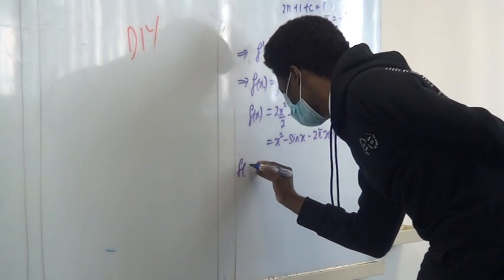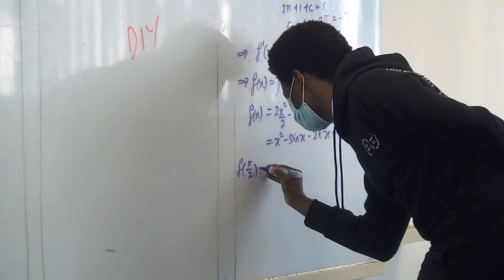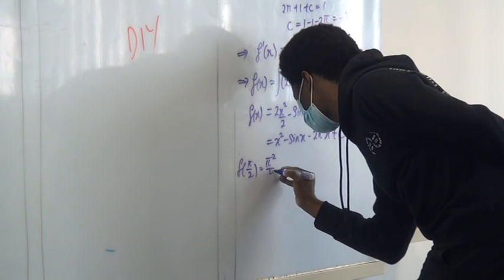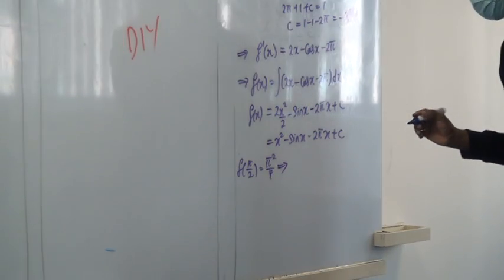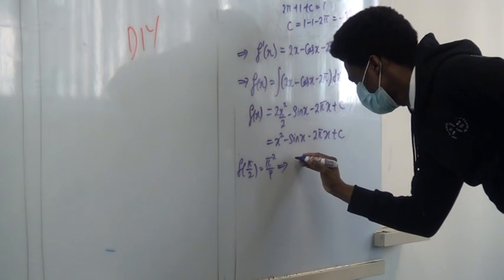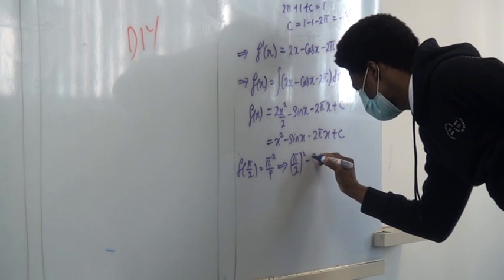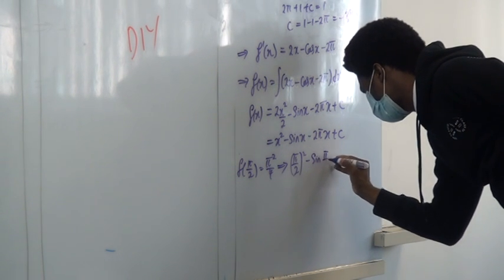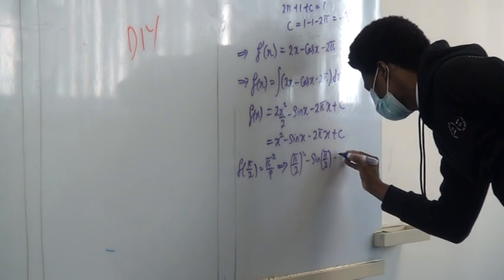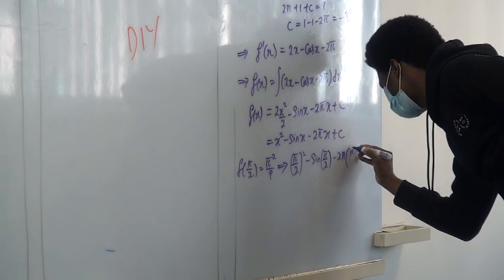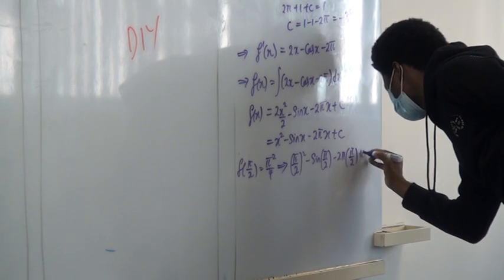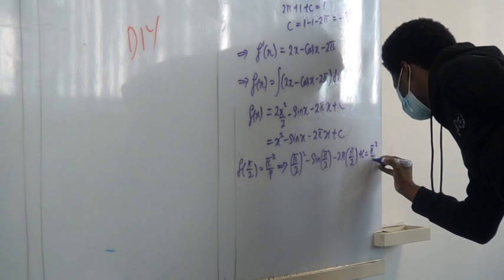Okay, so f of pi over 2 equals pi squared over 4 implies, yes, together? Pi over 2 squared minus sine pi over 2, minus 2 pi times pi over 2, plus c equals pi squared over 4.